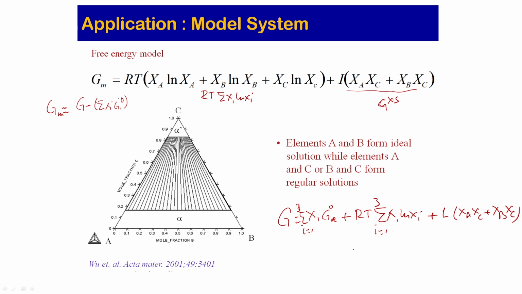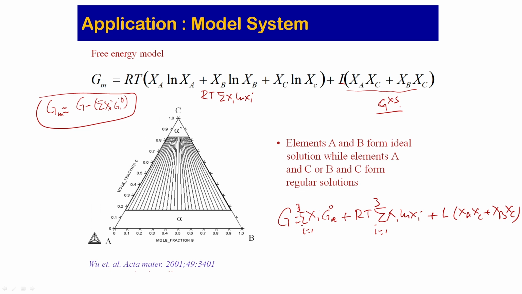Let us talk about this free energy function of a particular 3 component system ABC, you can see there. Here we are plotting Gm, Gm is nothing but G minus the pure components, as you can see here. That is the entropic contribution, which is nothing but RT summation of xi ln xi, as you can see xA ln xA plus xB ln xB plus xC ln xC, and then you have this component L, I think I probably have made a mistake, L into xA xC plus xB xC, that is the excess component, that is how the excess component will look.